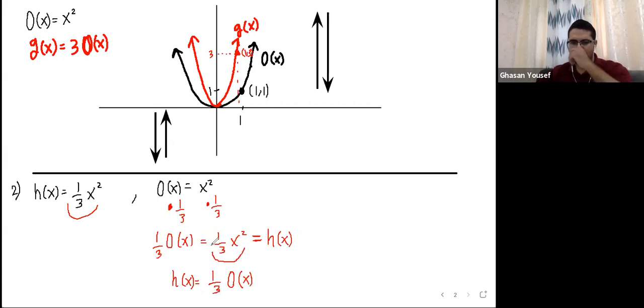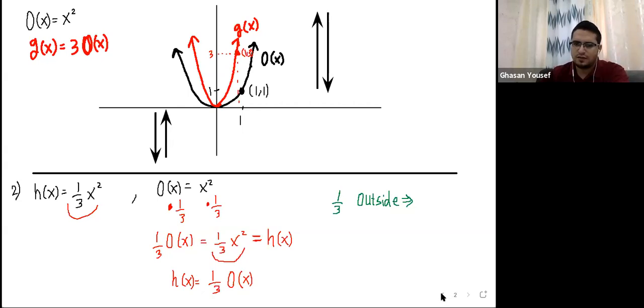Now you should ask yourself, is the number outside the parentheses or inside the parentheses? Is 1 over 3 outside or inside? Outside, exactly. This means, is it vertical or horizontal? Is it shrinking or stretching?